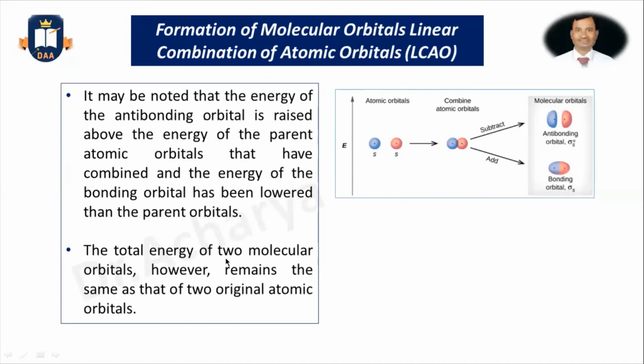The total energy of these two molecular orbitals, one bonding and one antibonding, remains the same as the energy of the original atomic orbitals. That means the total energy of the parent orbitals is the same as the sum of the energies of the antibonding and bonding orbitals.